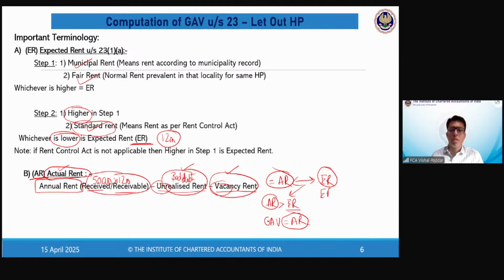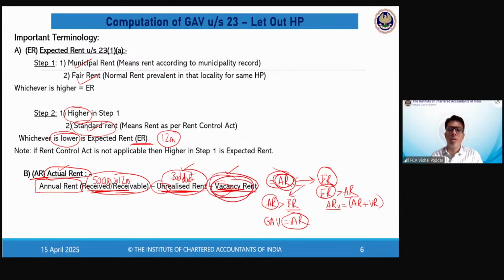But if ER is greater than AR, as I said, the law does not want to take the notional rent straight away. So it says, if the ER value is greater than AR, wait, find out a new value called ARV. How is this calculated? It is your AR plus VR. So whatever AR you had computed in this step by taking the difference of these three values, in that you add back the vacancy rent.